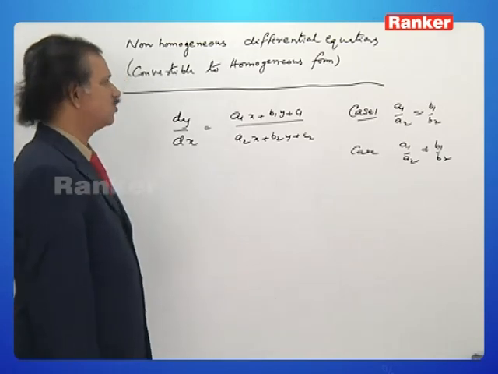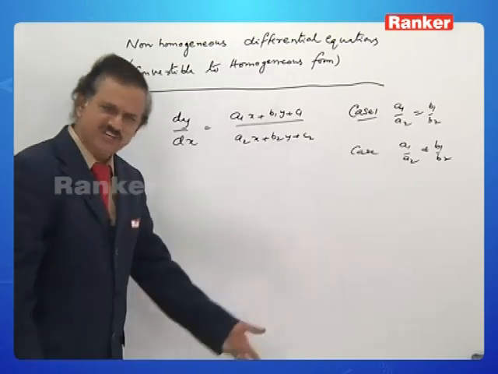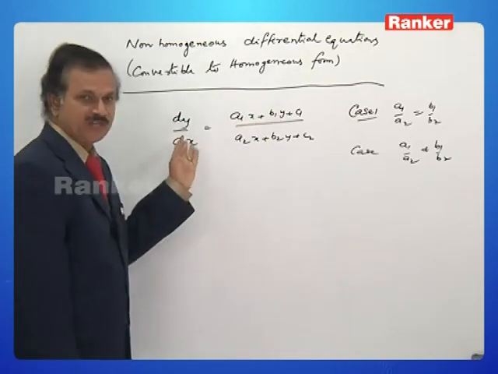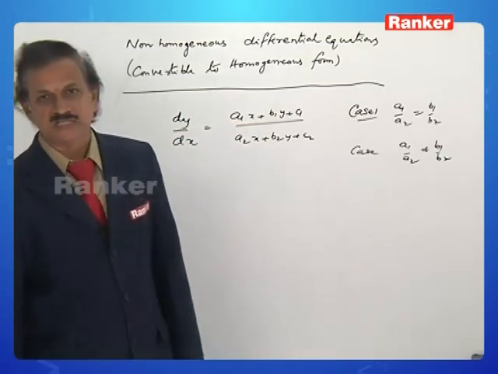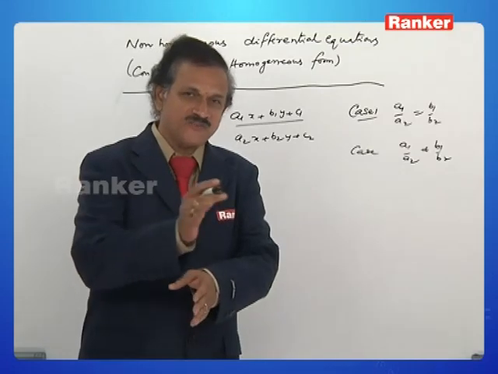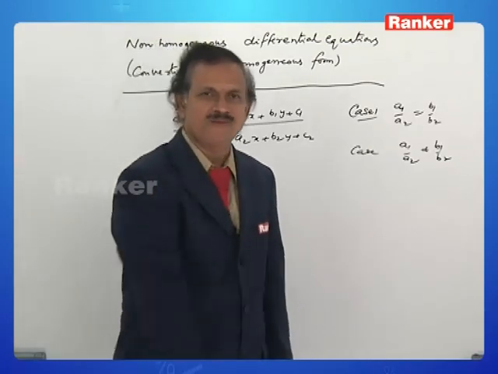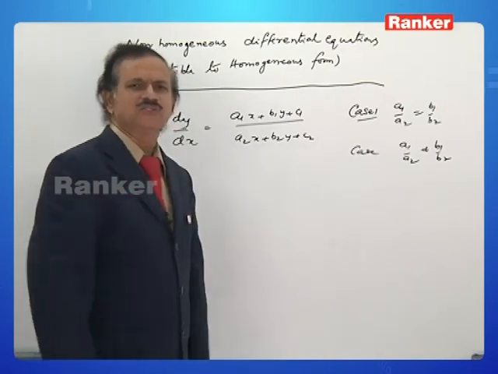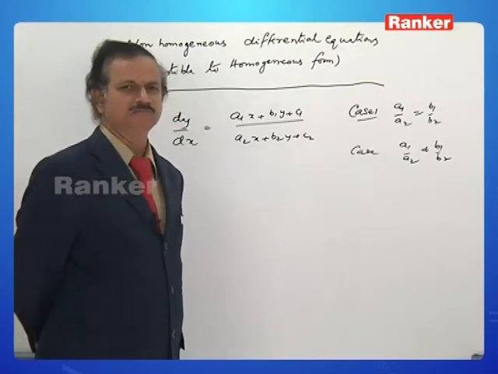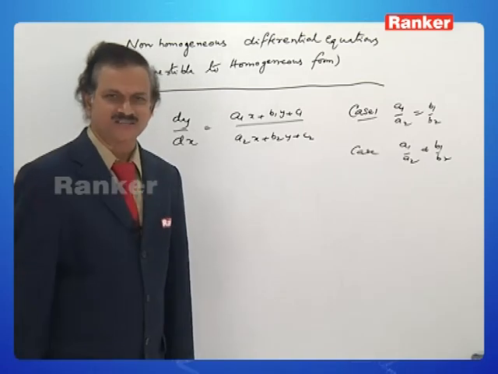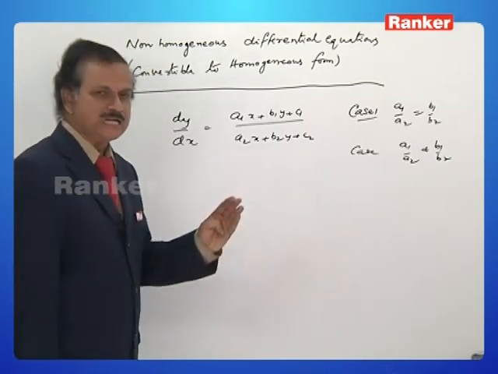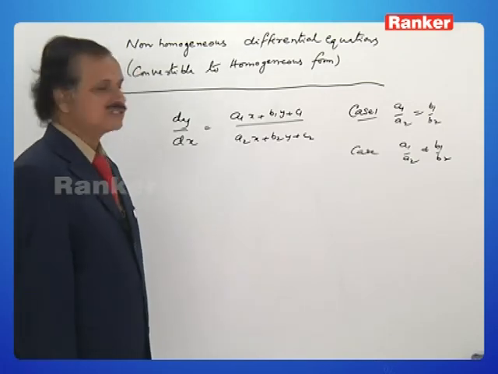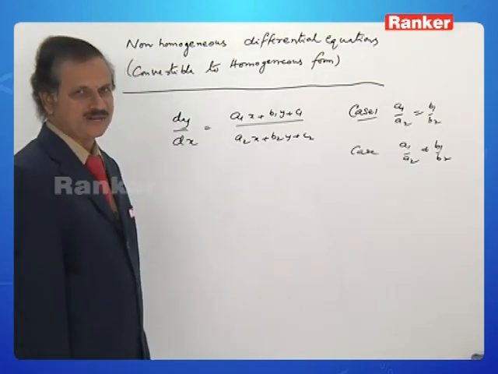Of course, out of these two cases, the first case is a very simple case, so that in that case, even though the equation is non-homogeneous, it can be transferred to variable separable form directly, so that it becomes very easy, of course, to solve it directly. Let us look at one such example for case 1, and then we shall shift our attention to focus on the second case or second model.